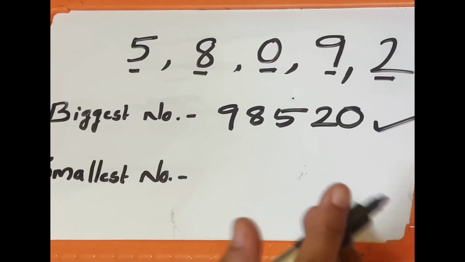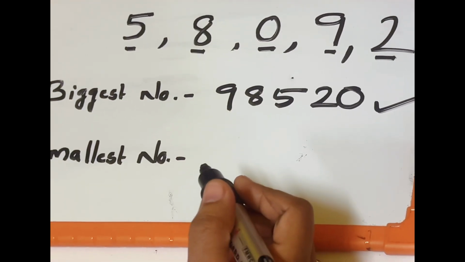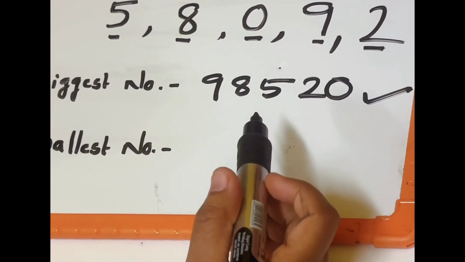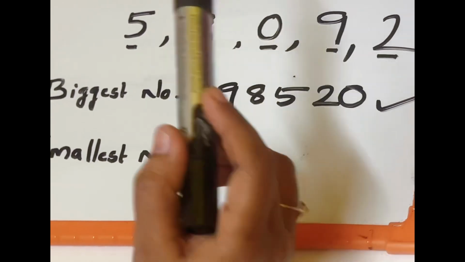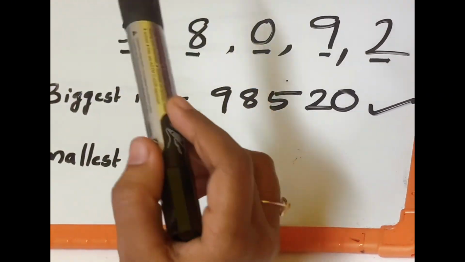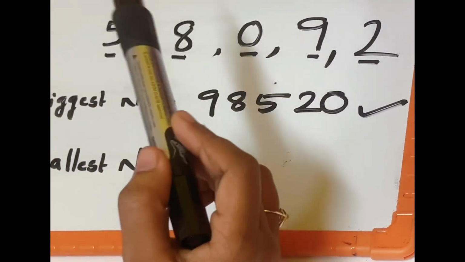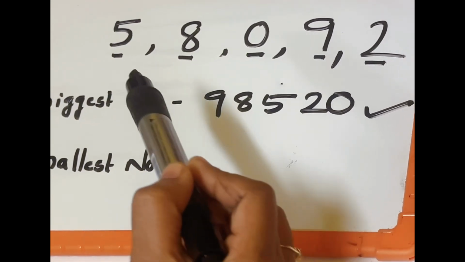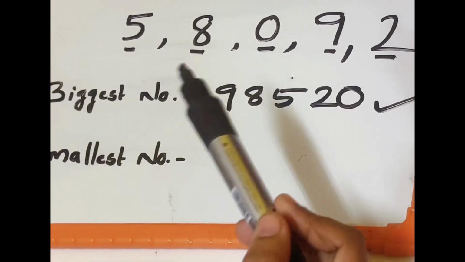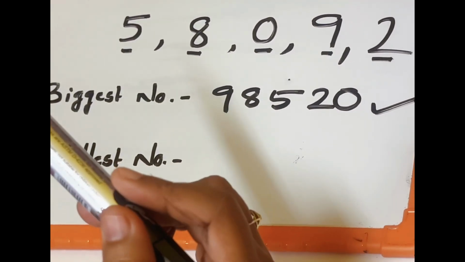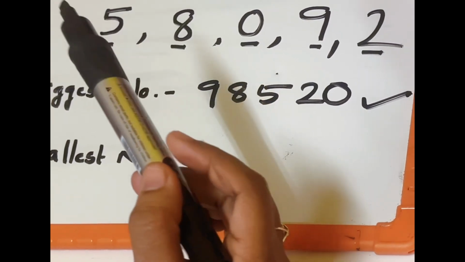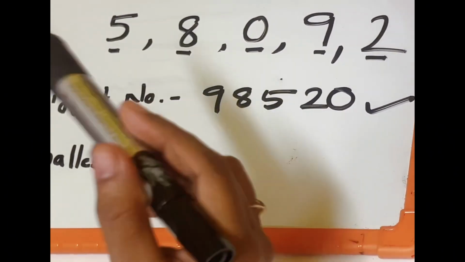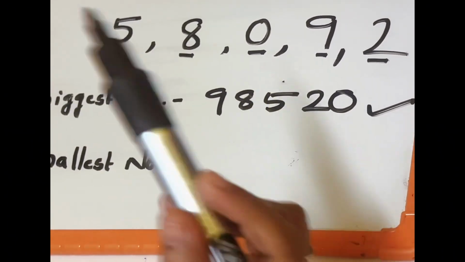And then for the smallest number, first we have to arrange the digits in ascending order, right? Here 0, 2, 5, 8, 9. But 0 will come first, right? So in this case, as I already discussed, we have to place the 0 second, after the first number.